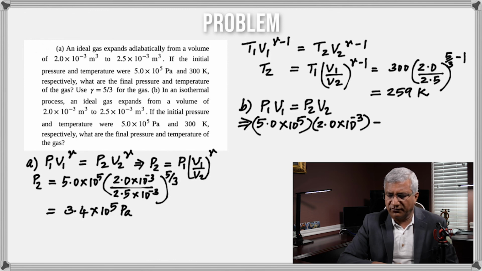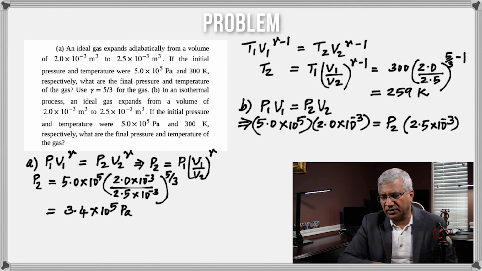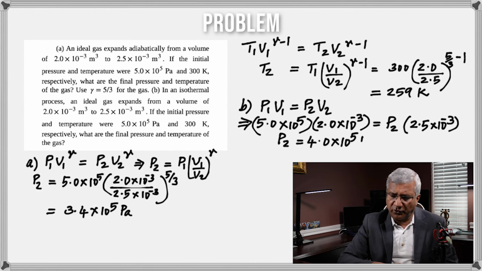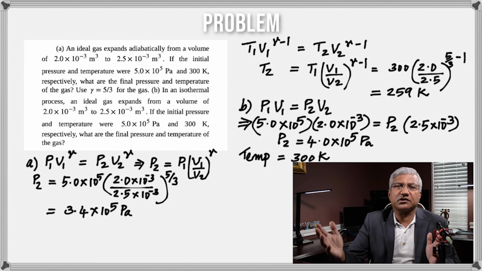So that's the initial volume. We're looking for the final pressure, and the final volume is 2.5 times 10 to the negative 3. And on calculation, you get 4.0 times 10 to the 5 pascals. That is the final pressure. And like I said, the final temperature is the same because it's an isothermal process.